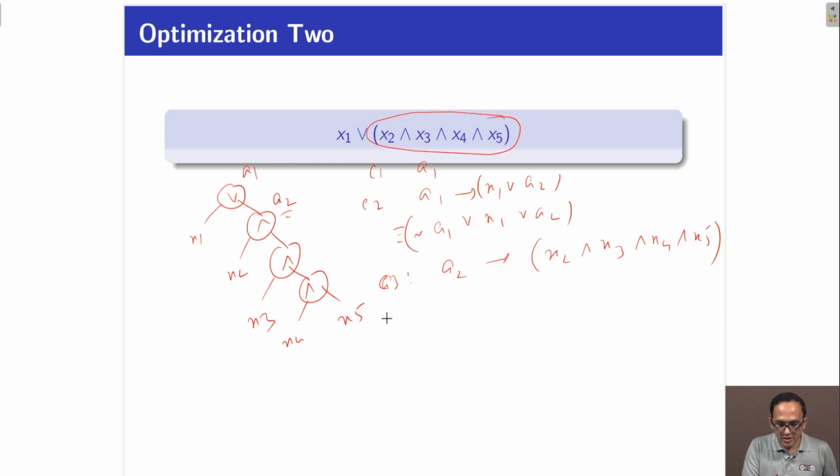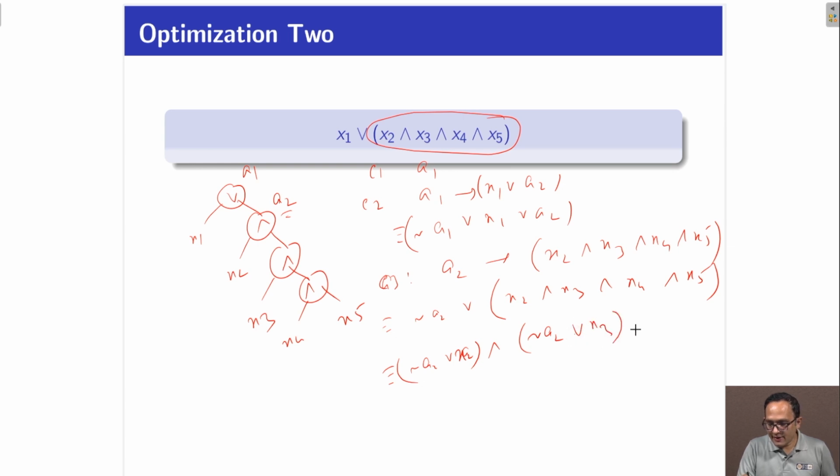Now, if I write this, this is not a2 or x2 and x3 and x4 and x5, which is equivalent to, I have to distribute it, not a2 or x2, and not a2 or x3, and not a2 or x4, and not a2 or x5. So, these are the 3 clauses I get, and these are all CNF, because this is a disjunction of literals and a conjunction of these clauses.